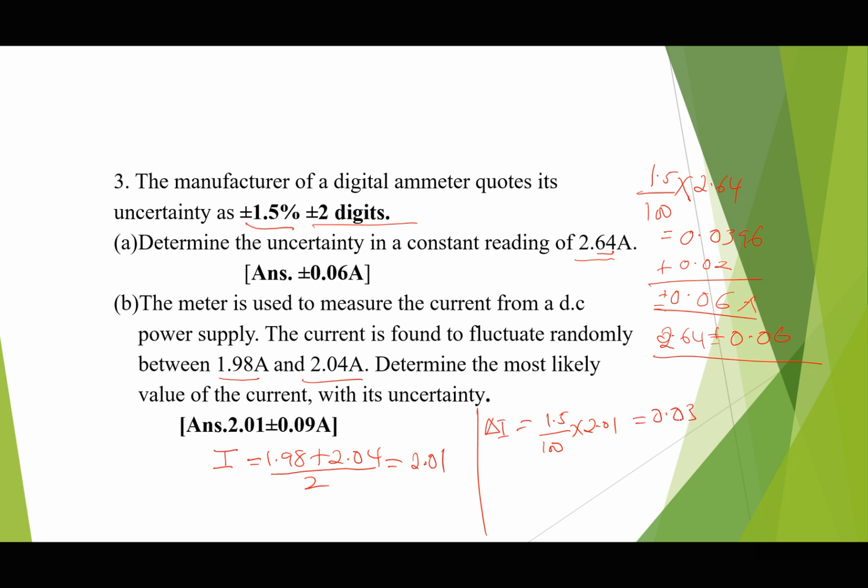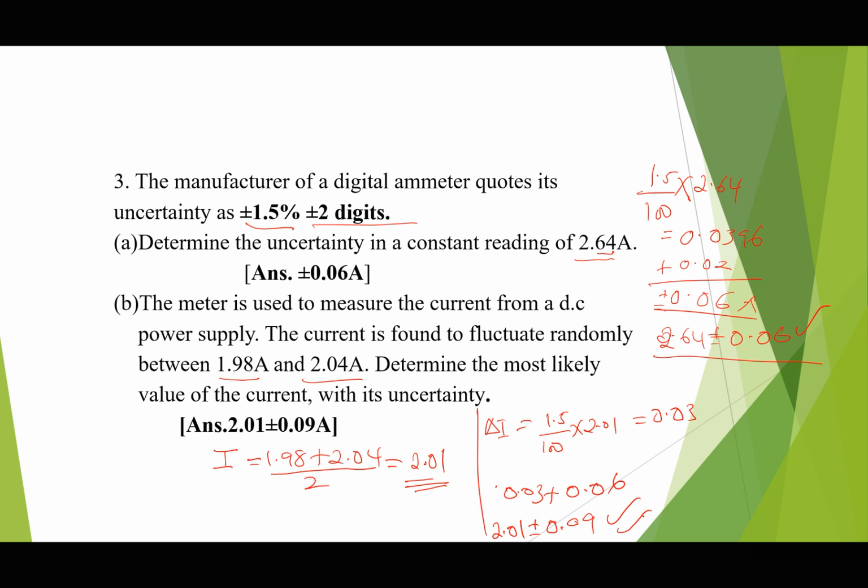But remember, the uncertainty due to fluctuations must be added to the uncertainty in the stable or constant reading. Therefore, the most appropriate uncertainty in the final value is going to be 0.03 plus the uncertainty in the constant reading, which is 0.06. Therefore, the most likely value of the current is going to be 2.01 plus or minus 0.09. So that will be the value of the current and its uncertainty.